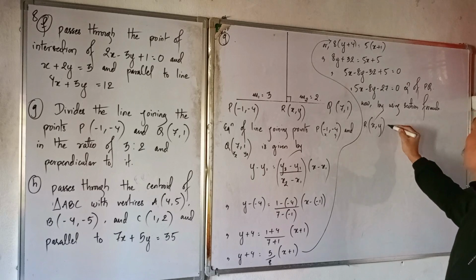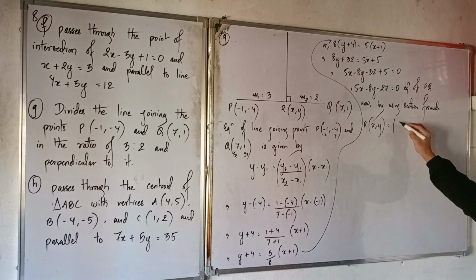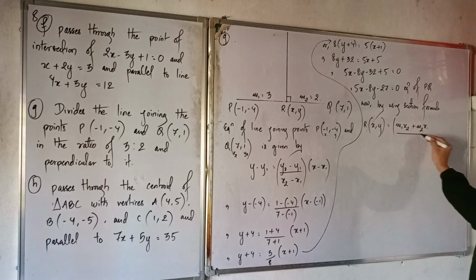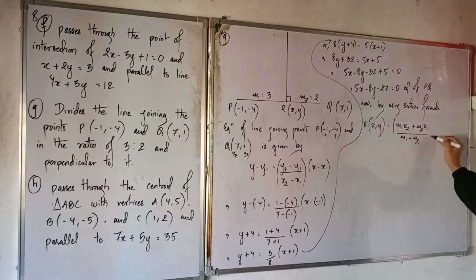Rxy will be, what will be the formula? M1 x2 plus M2 x1 divided by M1 plus M2, and M1 y2 plus M2 y1 divided by M1 plus M2.